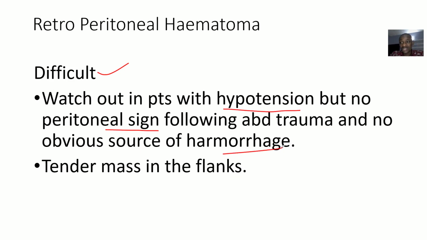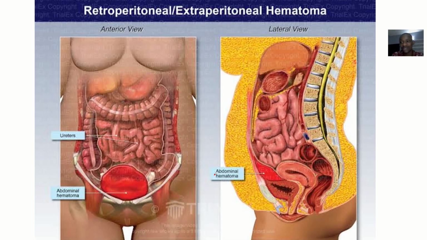If you know that the patient had an abdominal trauma and the blood pressure is going low, that's hypotension, you watch out for them. And the tenderness can be a mass in the flanks, so you check the right and left flank just to pick it up. So I think that's it for retroperitoneal hematoma, or the concept of retroperitoneal hemorrhage.